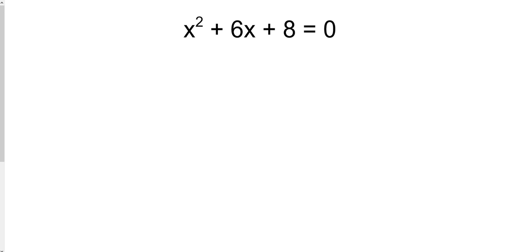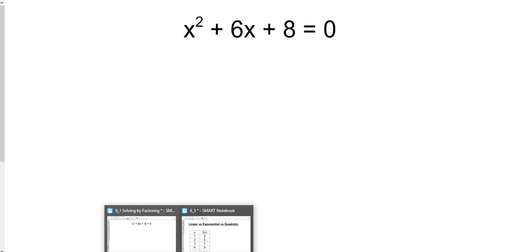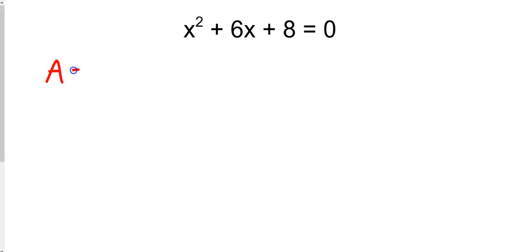I went ahead and did the AC method. Because A is 1 on this, remember you can use my cheating method, which makes things a whole lot easier. Here are your A, B, and C: 1, 6, 8.